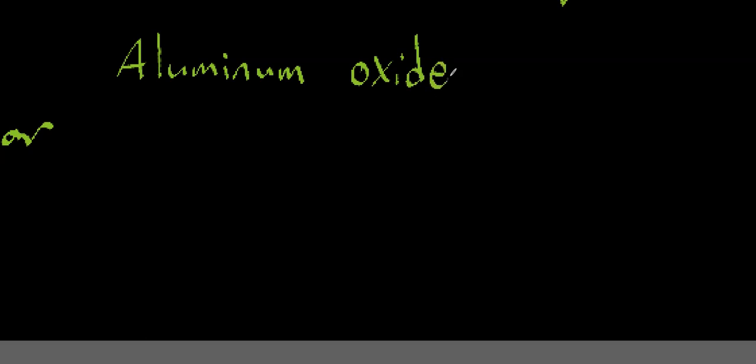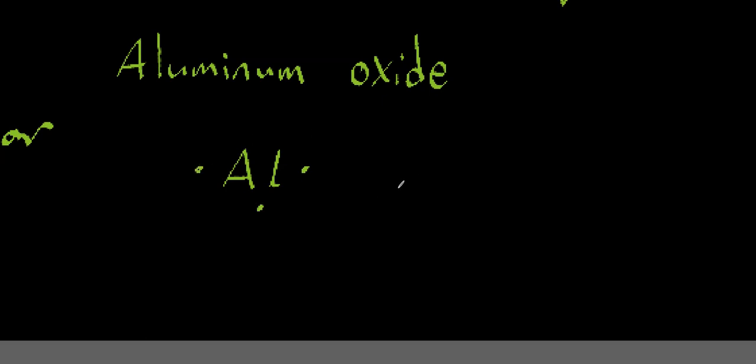Let's go ahead and do aluminum oxide. I'm actually going to give you the name first. Now, there's a trick to this. And I'm going to show you the trick in a moment, but first, let's draw aluminum. So you have aluminum, and it has 3 valence electrons.